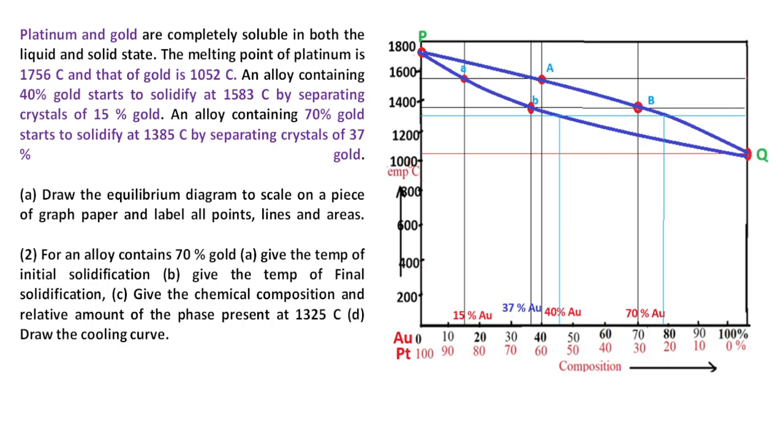Give the temperature of initial solidification and final solidification for the alloy containing 70% of gold.